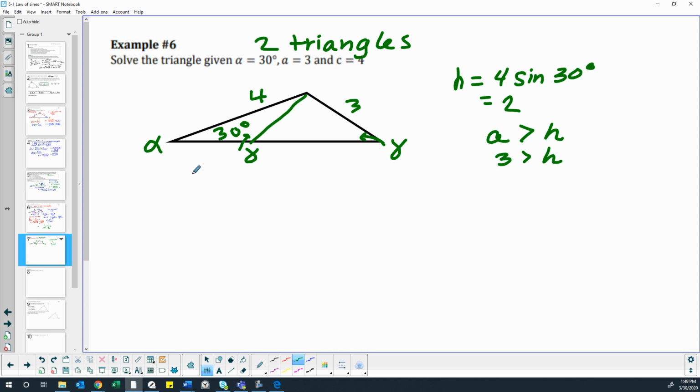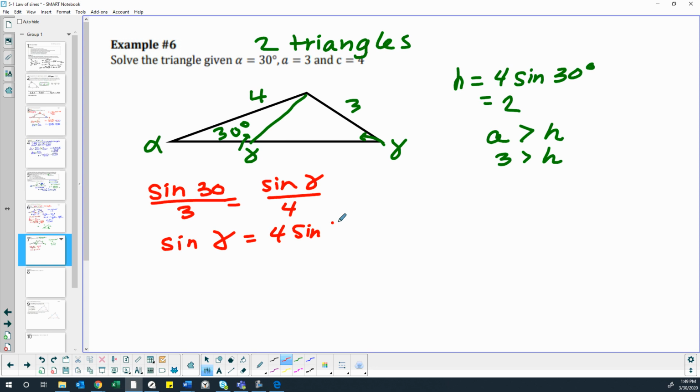Okay, let's go ahead and just solve using law of sines like we would and just see what happens. So let's do sine of 30 over 3 equals sine of gamma over 4. Cross multiply, so we get sine of gamma equals 4 sine 30 over 3.